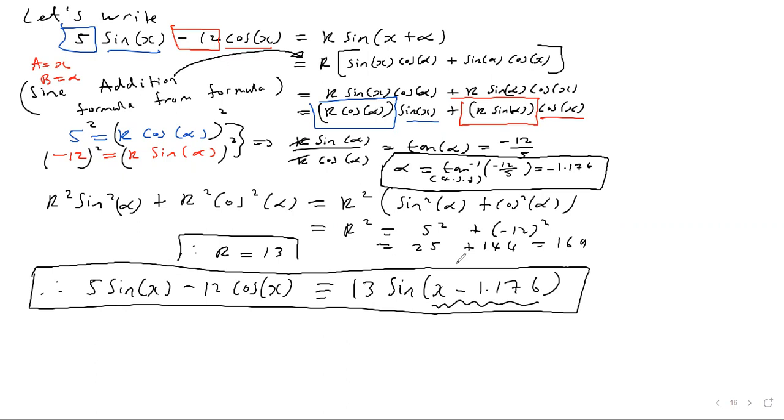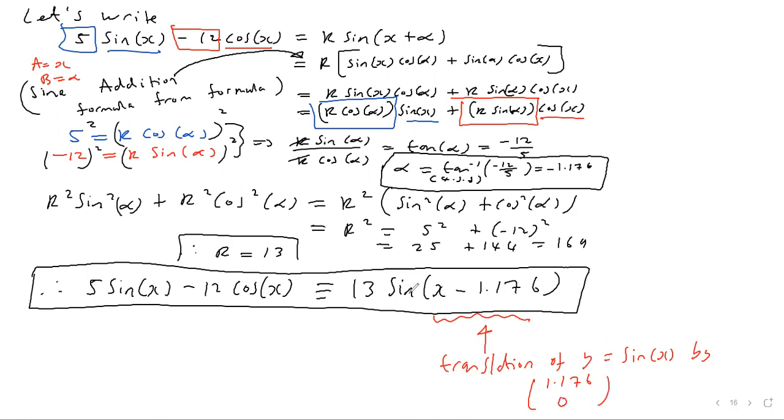Let's make this really clear, that this is a translation by vector. So you're translating the sine graph, a translation of y equals sine x by a vector of positive 1.176, because remember, if you're taking away a value from x within the sine function, you're shifting it to the right.